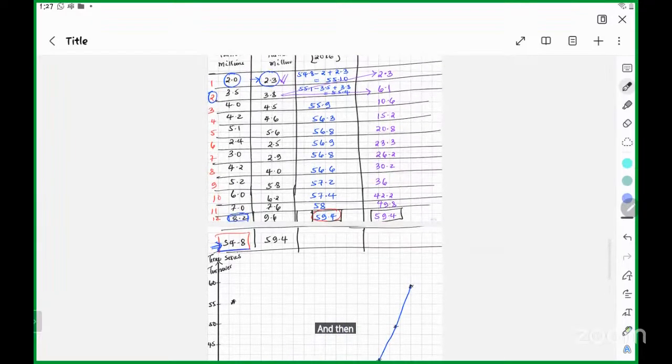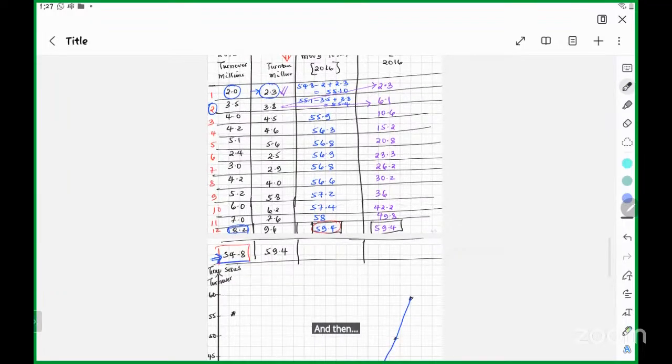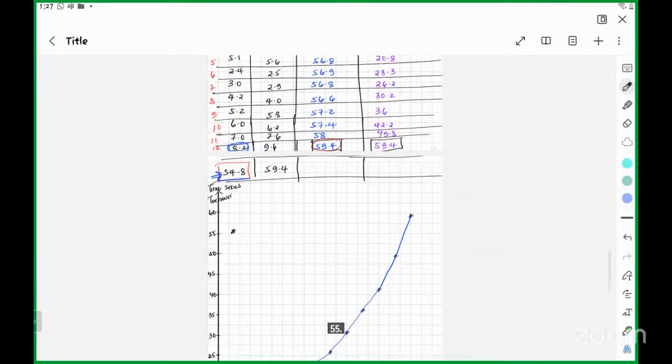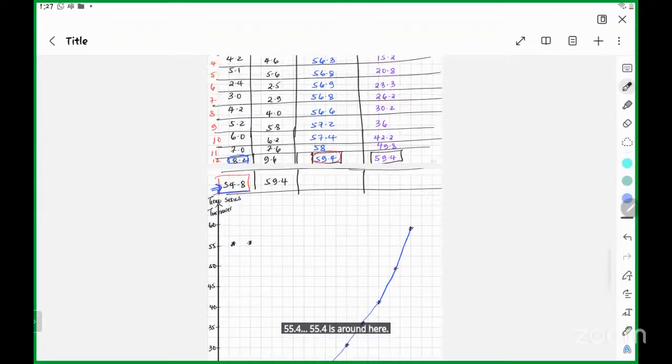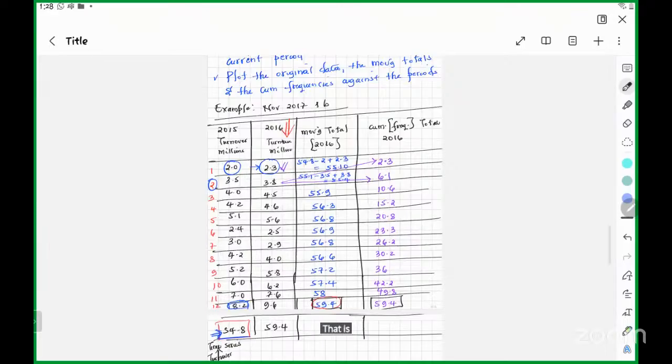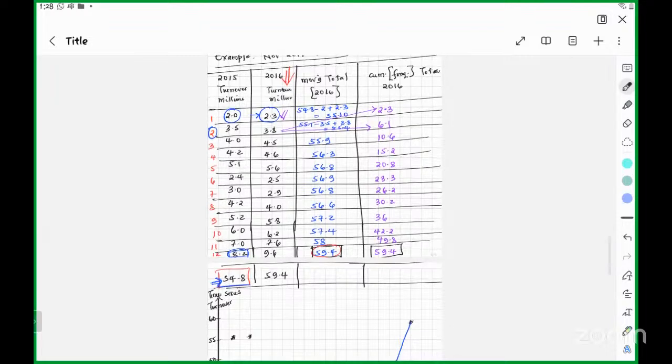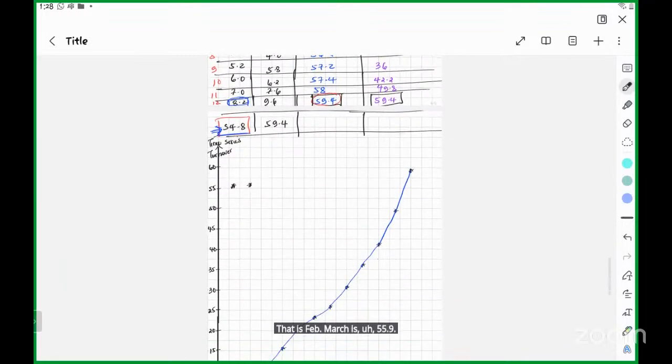And then Feb is 55.4. 55.4 is around here. That is Feb. March is 55.9. Sorry, I'm a little behind. Yeah, go ahead.